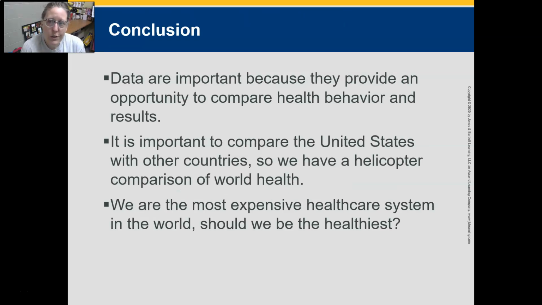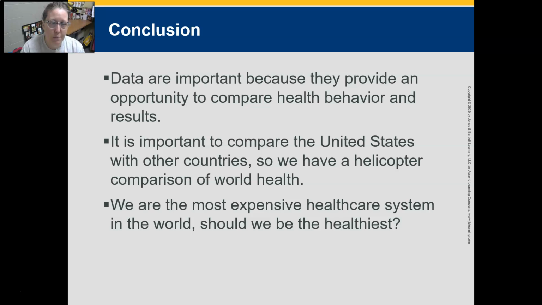So, in conclusion for Chapter 2, data are important because they provide an opportunity to compare health behavior and different results of the statistics to other countries, or also across time within a country to see how things are progressing.